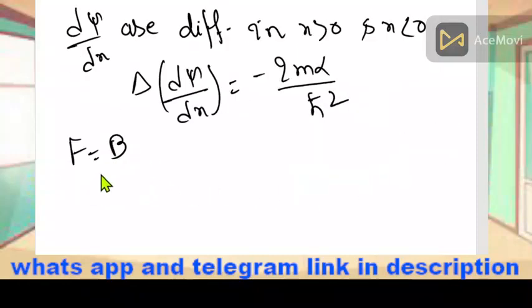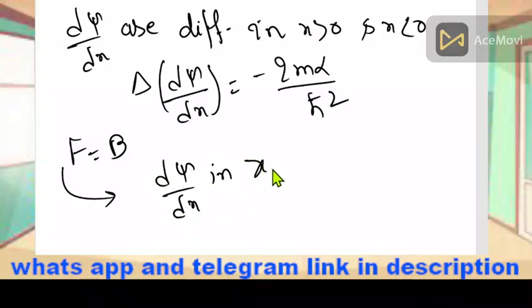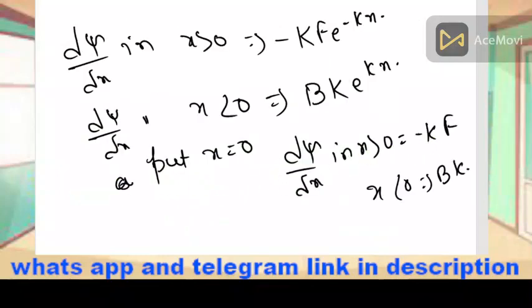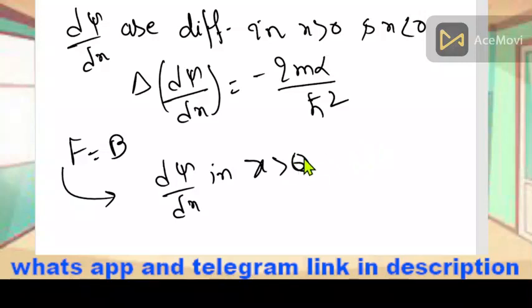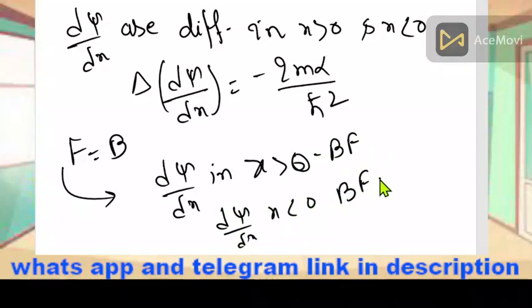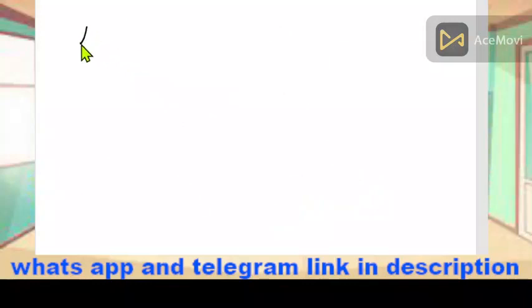So we can use this: d psi by dx in x greater than 0 was minus kf, we can write it as minus bk, and d psi by dx in x less than 0 is bk.